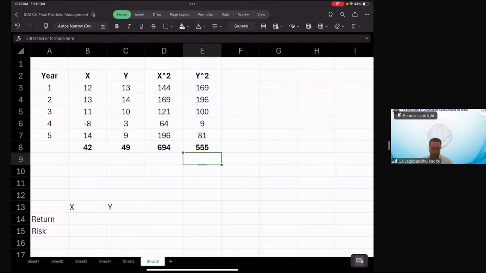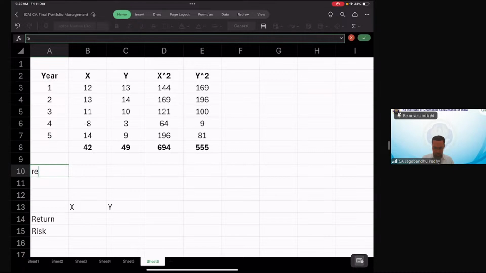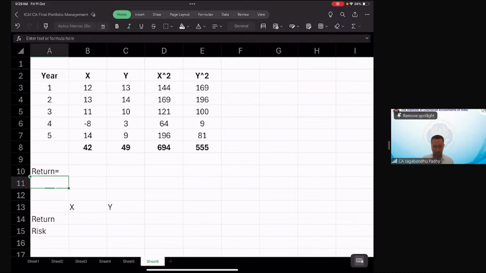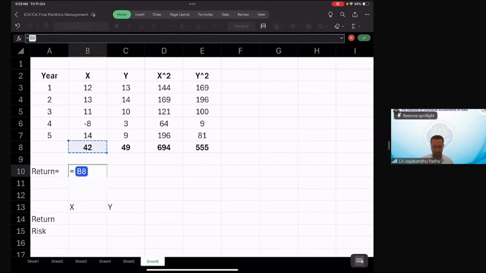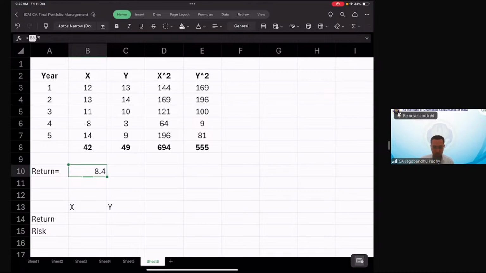Risk and return. What will be the risk and return, guys? So you can simply calculate the returns by taking the average, right? So return for X will be simply 42 divided by 5, which is 8.4.